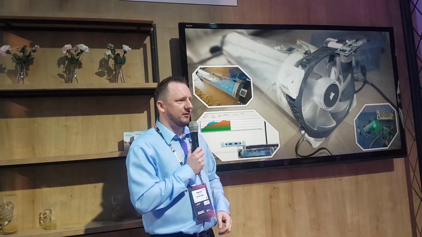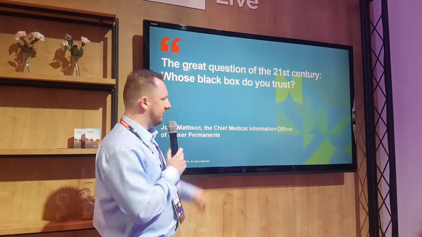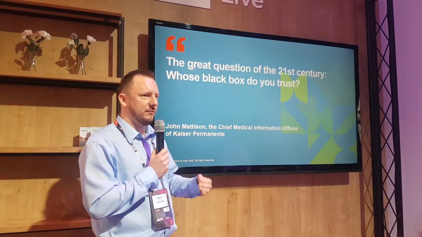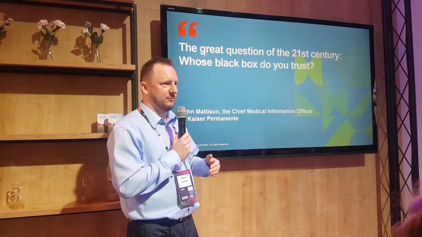And the big question of the 21st century is, as John Matson asked once, which black box should we trust, right? And machine learning models turn out to be like black boxes. We trust them more and more, but how can we ensure that we can trust them in the long term, right?